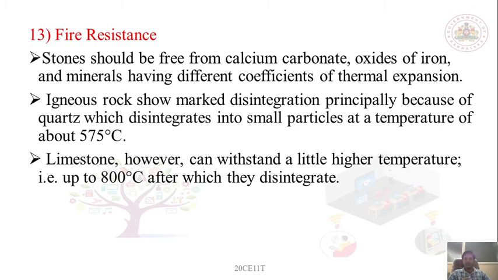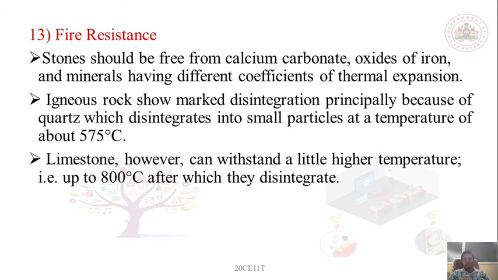Limestone, however, can withstand a slightly higher temperature, even more than igneous rock. It can sustain a temperature of about 800 degrees centigrade, after which it can disintegrate into smaller particles. So that is limestone and igneous rock.